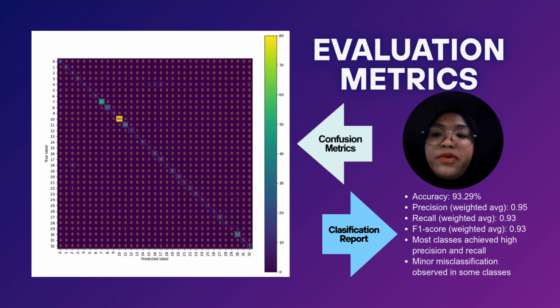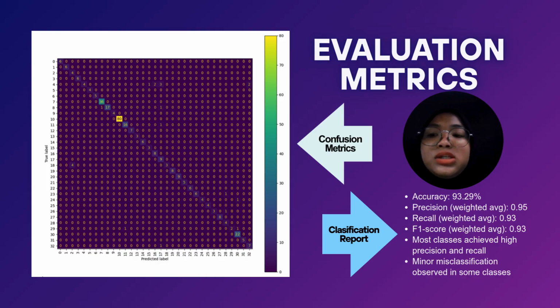For performance evaluation, several metrics were used including accuracy, precision, recall, and F1 score. The final test accuracy achieved is 93.29%, which shows that the model performs well in recognizing facial identities.